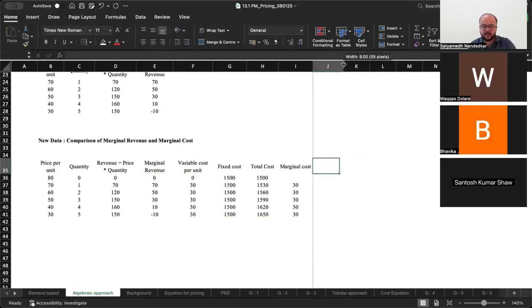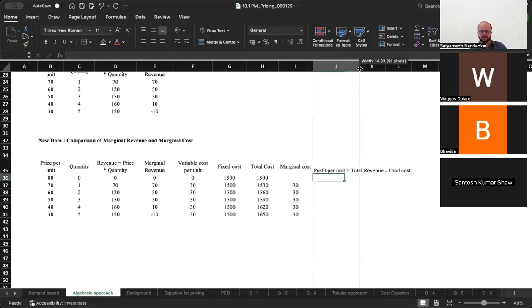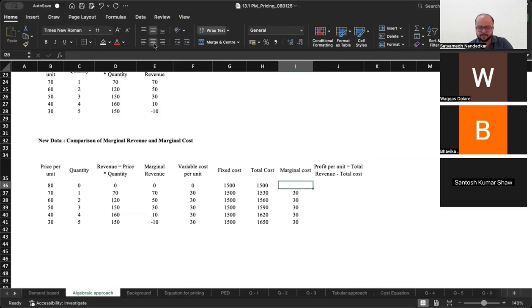Let's see if we can calculate profit per unit. Profit is total revenue minus total cost. How will this be done?